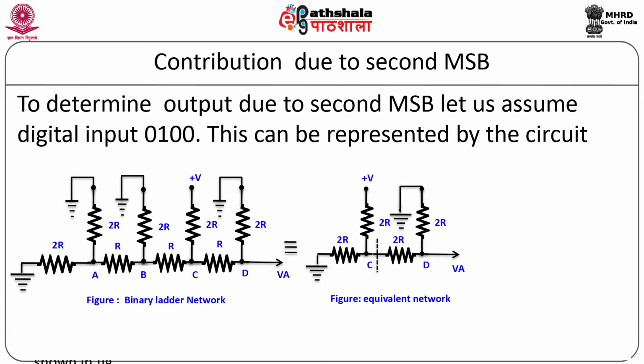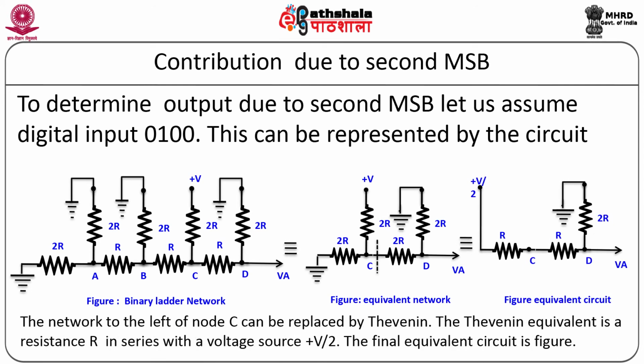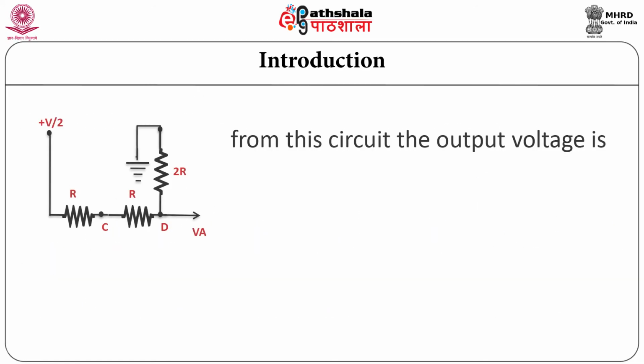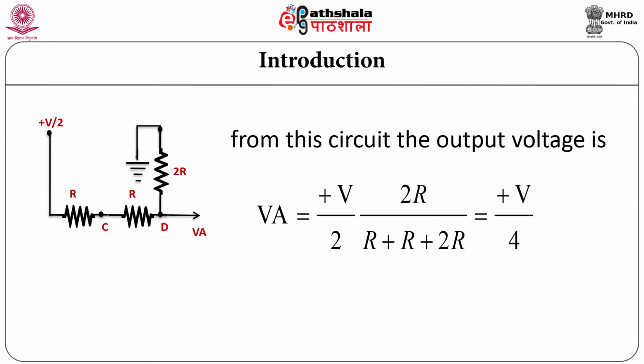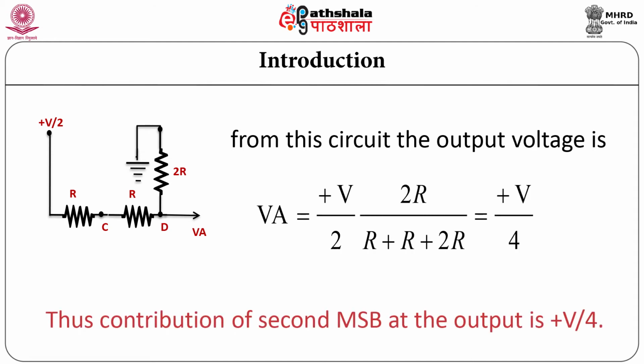The final equivalent circuit is as shown, and from this circuit we can calculate the output voltage VA, and as seen it comes out to be plus V by 4. Thus, the contribution of second MSB at the output is plus V by 4 in case of binary ladder network.